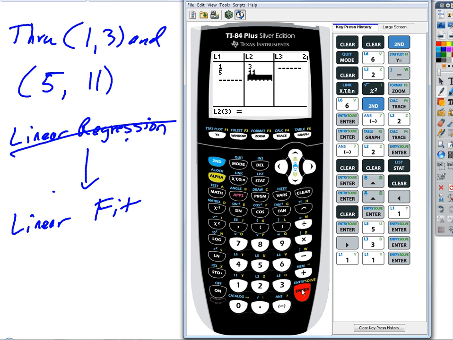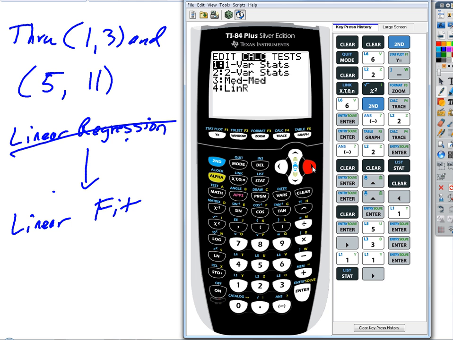Now what? Enter, graph them? Well, okay, but I've got to do regression. Where do I go to do regression? Yeah, good. Okay, so I'm going to go stat screen, calc menu, 4, right?